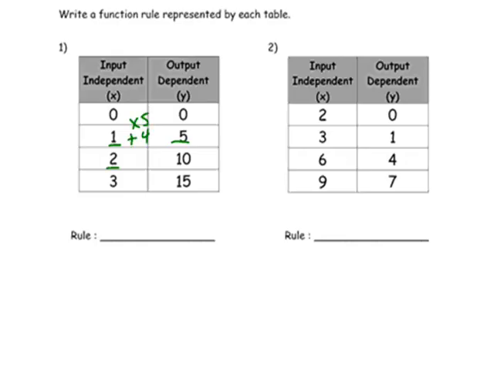What's happening to the x that it becomes 10? Well, it could be plus 8 or times 5. And the last one, what's happening to 3? Well, it could be times 5 or it could be plus 12. Well, if you notice, what they all share, they all have times 5. So our rule for this one would be y equals 5 times x, 5x.